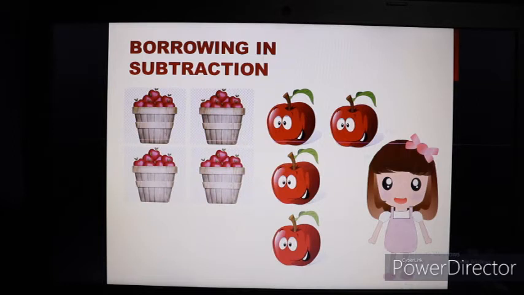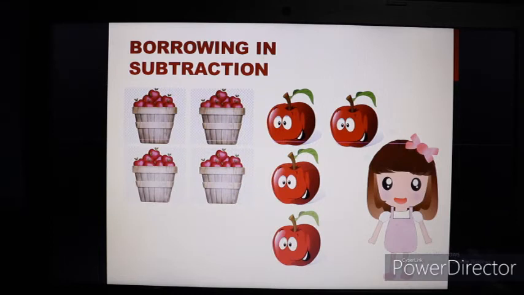She will open one basket of 10 apples and combine those 10 apples with the 4 single apples that she had. Now she has 14 single apples. Out of these 14 apples, she gives 7 apples easily to the man.